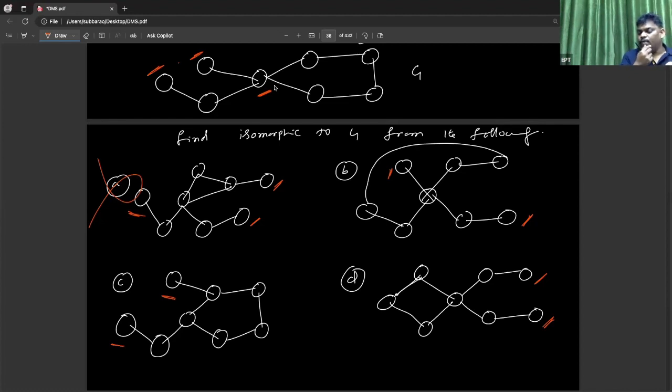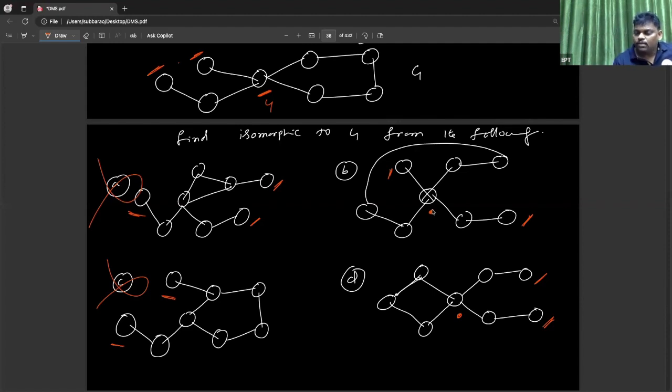In the given graph, degree 4, one vertex. Now in option B, is there any degree 4? No, this is wrong. Here no 4 at all. Can you see here degree 4 is possible? Yes. So I think the answer is either B or D.